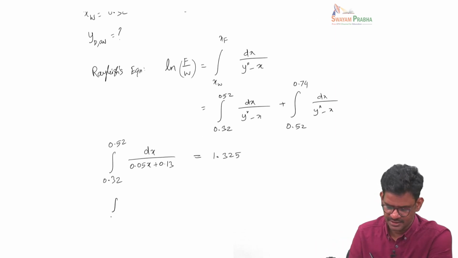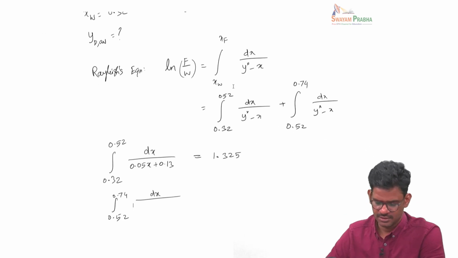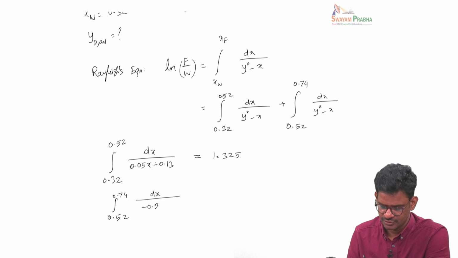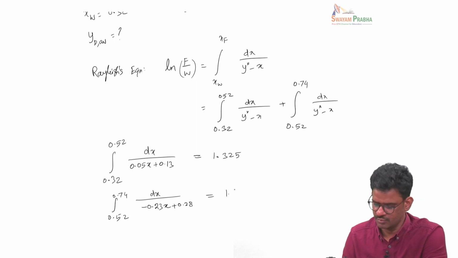And the next integral, that is from 0.52 to 0.74 of dx by y star minus x, we will take this, we will get minus 0.23x plus 0.28, and this integral will give you something like 1.648.